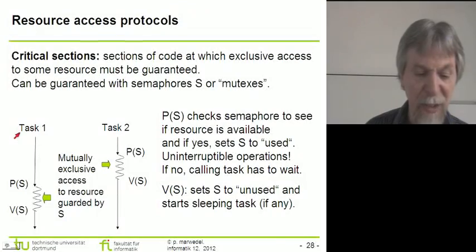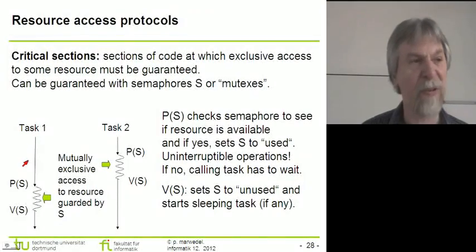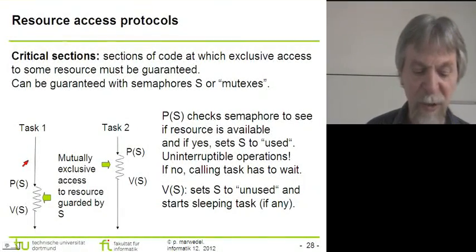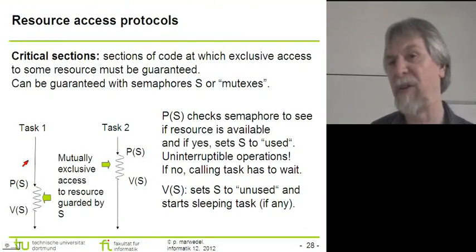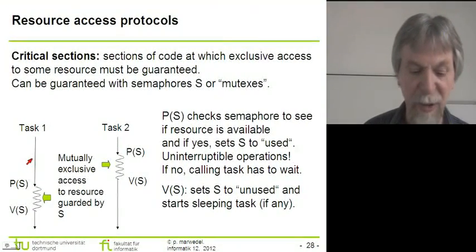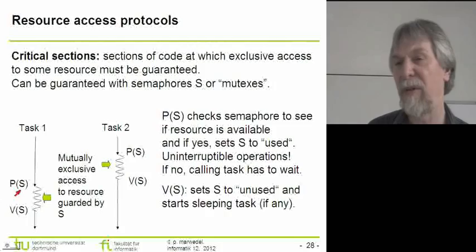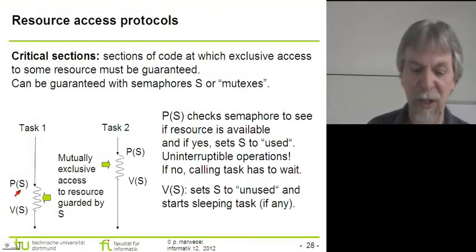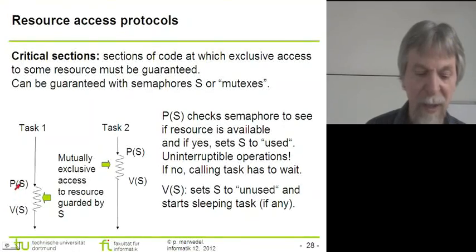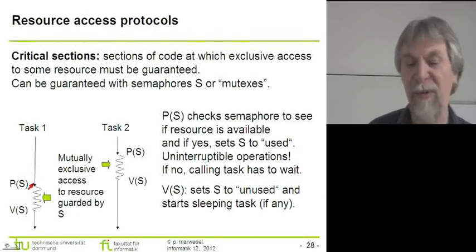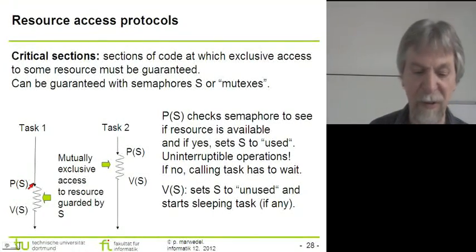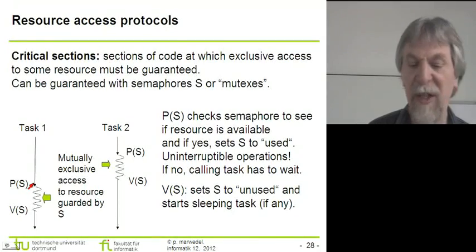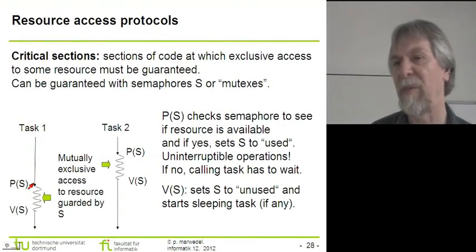And just to remind you, we might have two tasks or processes for which we must guarantee mutually exclusive access to some resource, and then we can use these semaphore operations to guarantee this. So either we grant access to that resource, or the thread, process, or task has to wait until that resource becomes available.